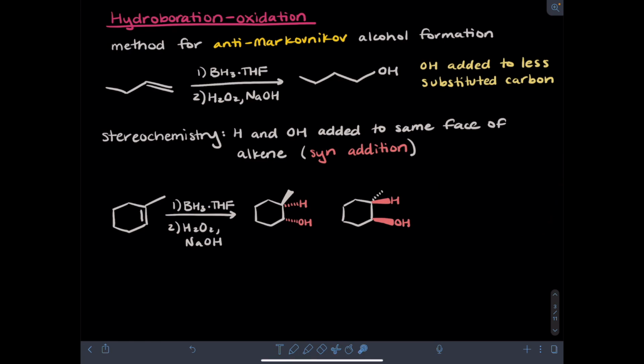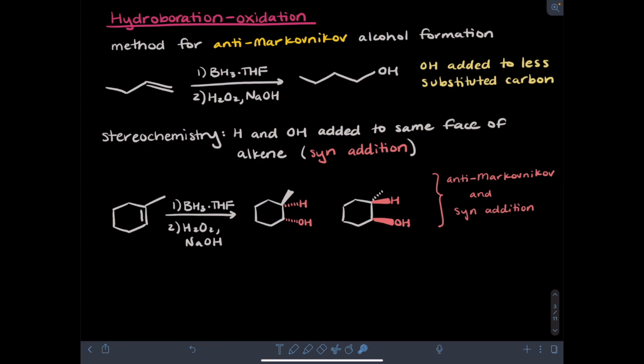In both of the products, I've added the OH group to the less substituted carbon of the alkene, so it shows up on the bottom right in each case. This indicates the anti-Markovnikov selectivity. And for the stereochemistry, I've needed to show the syn addition.